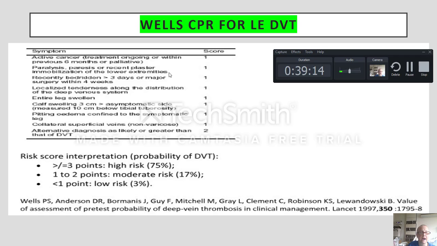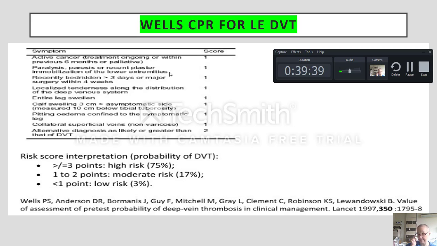Then we're looking at paralysis, paresis, or recent plaster immobilization of the lower extremities. Again is a 1, 17%. Recently bedridden, more than 3 days, or major surgery within 4 weeks is a 1.